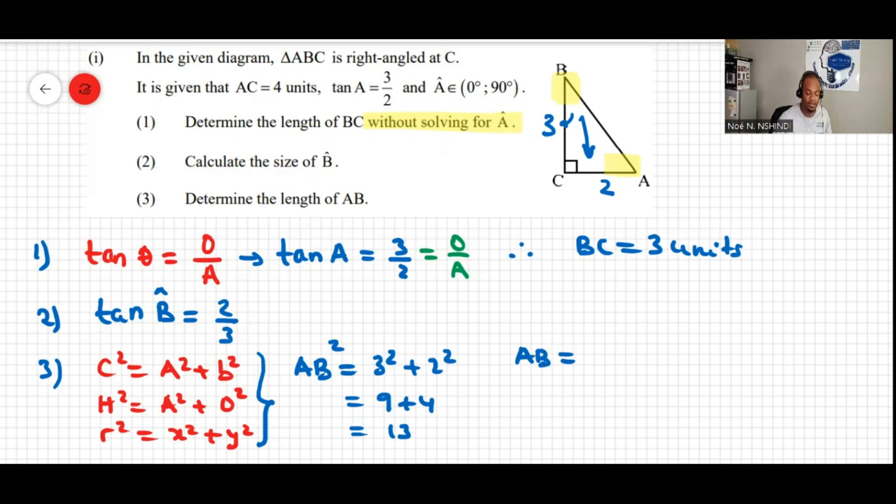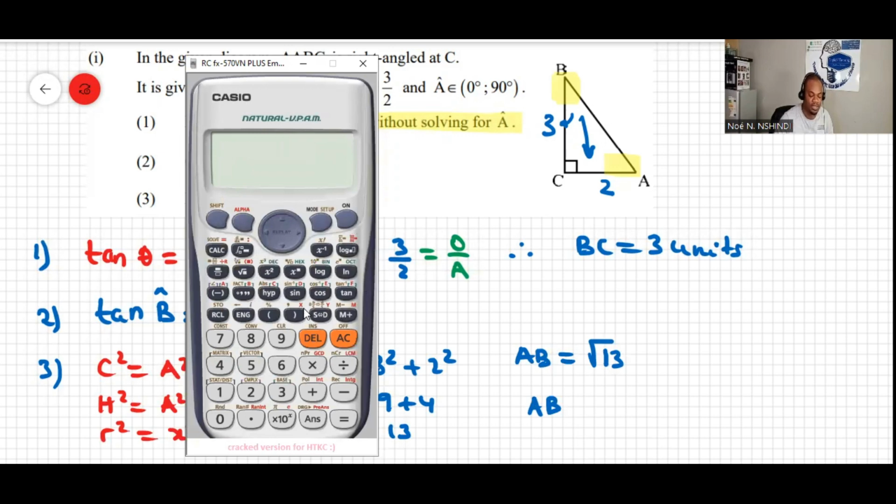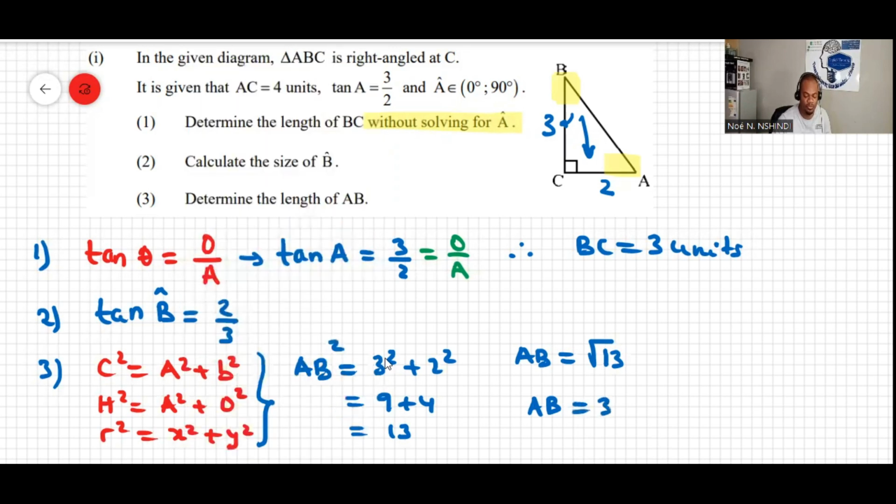So AB will be the square root of 13. The question says we need to simplify to one decimal place, so the square root of 13 is equal to 3.6. So AB equals 3.6 units.